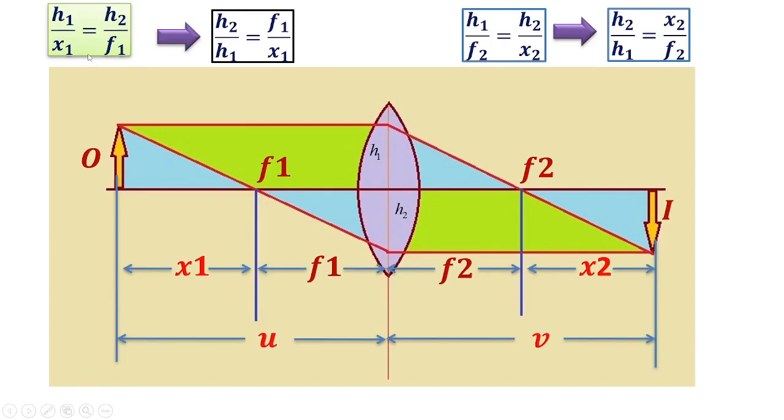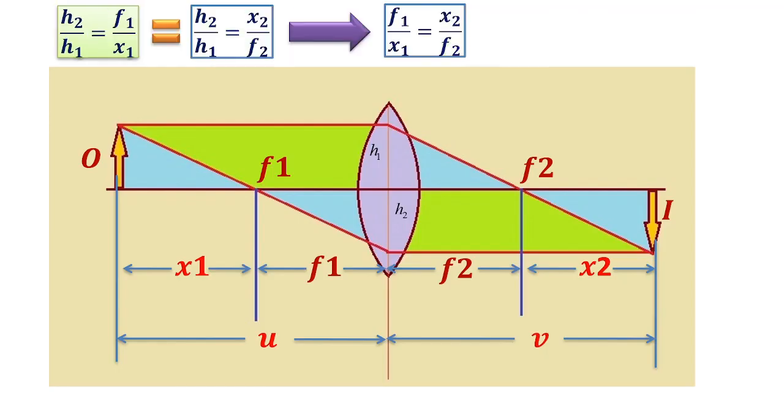h1 divided by x1 is equal to h2 divided by f1, which gives us h2 divided by h1 is equal to f1 divided by x1. Similarly, h1 divided by f2 is equal to h2 divided by x2 gives us h2 divided by h1 is equal to x2 divided by f2.